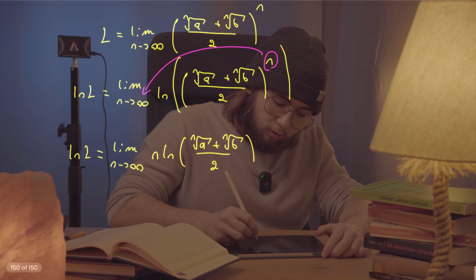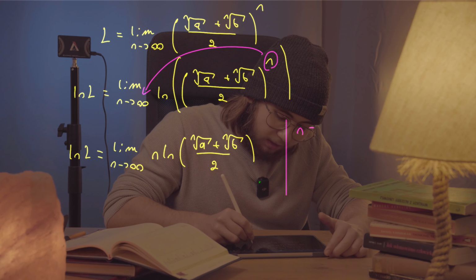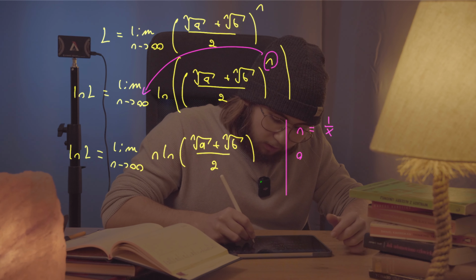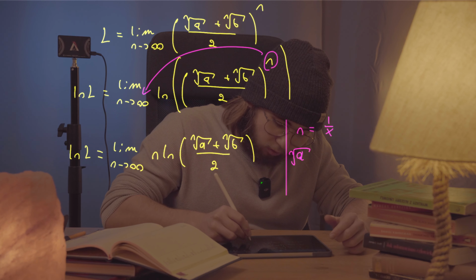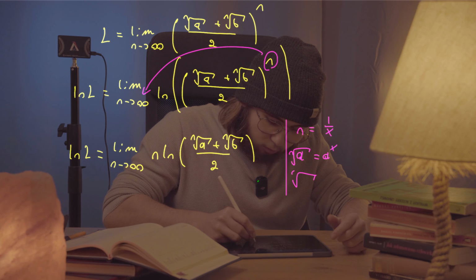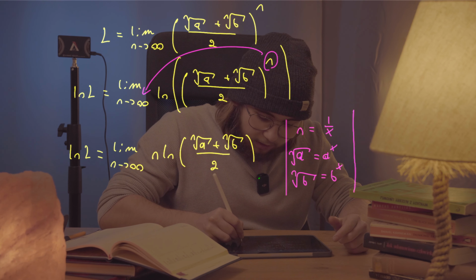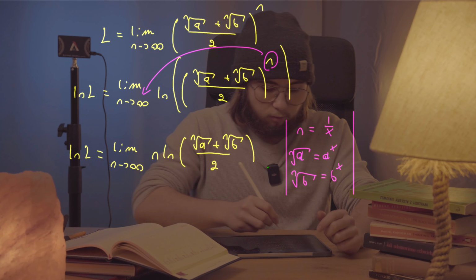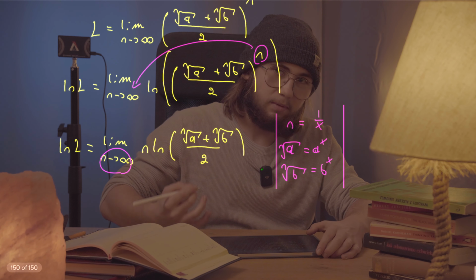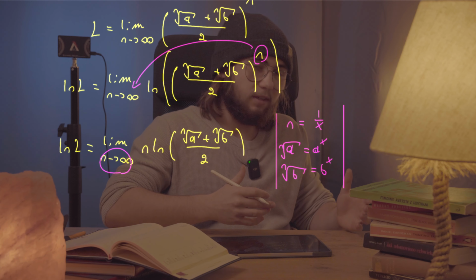If I were to change my n to some kind of x in such a way that n will be equal to 1 over that x, then the nth root of a would be equal to a to the power of x, and the nth root of b would be equal to b to the power of x.